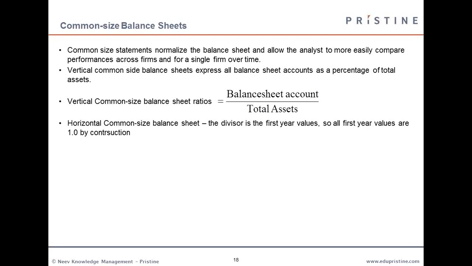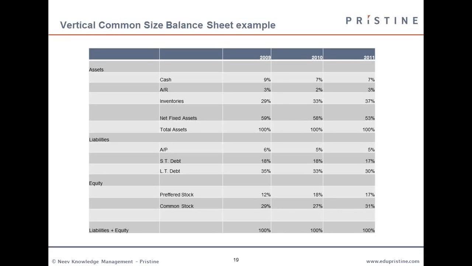In vertical common size balance sheet, what we try to do is express everything as a percentage of total assets. So here's an example of vertical common size balance sheet. These are the assets: cash, account receivable, inventories, and fixed assets, which are the long-term assets.